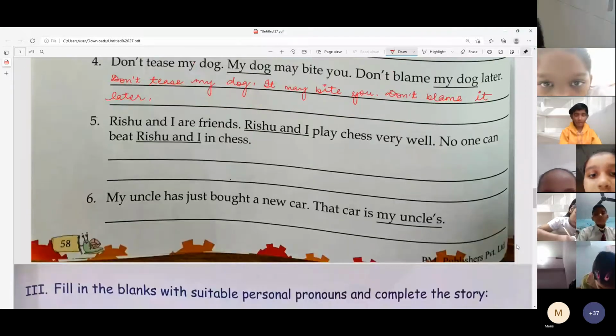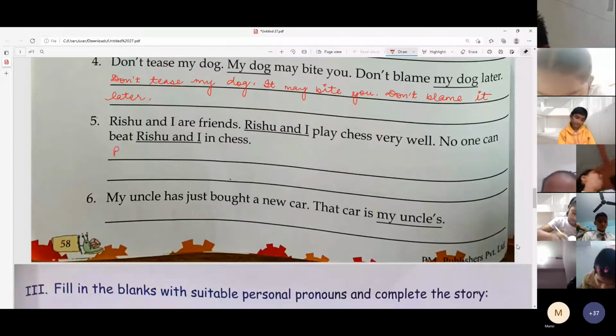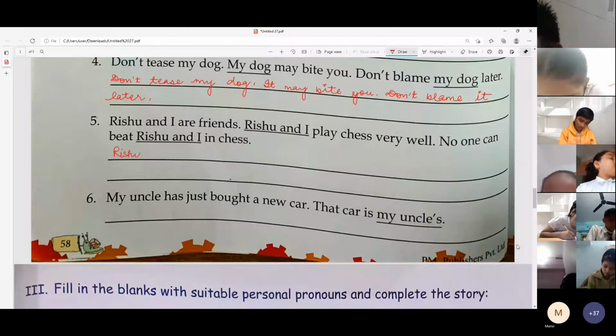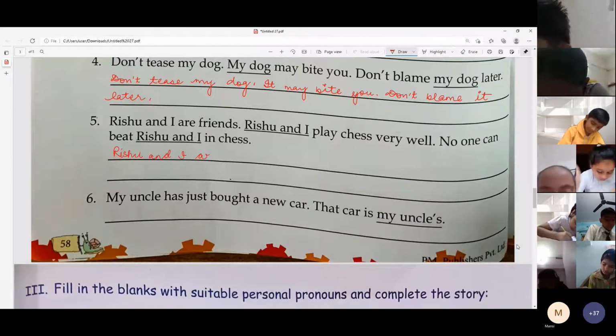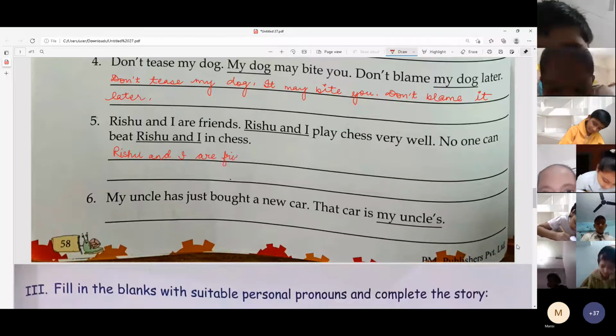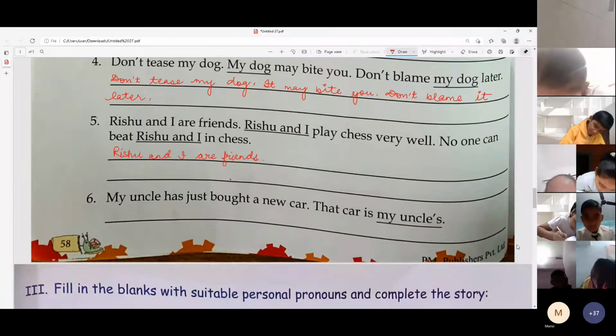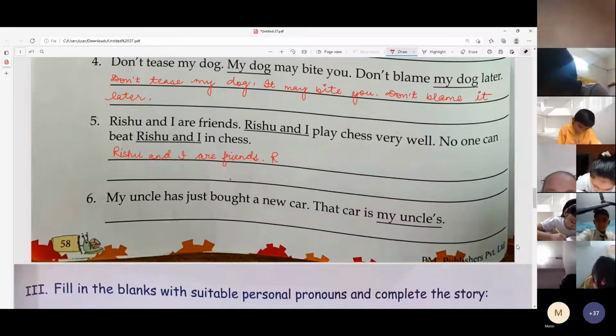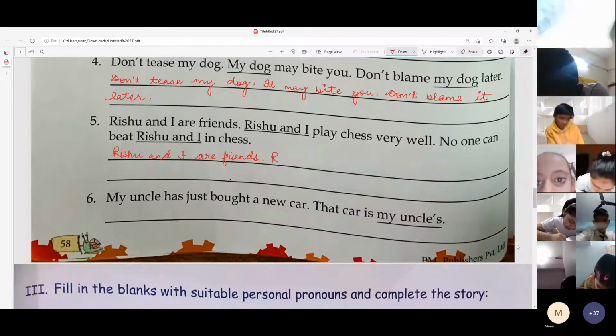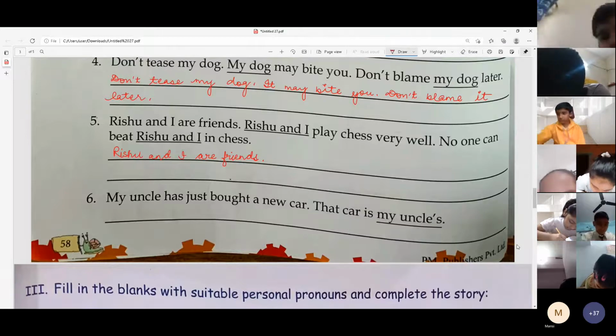Now next is, Rishu and I are friends. So you'll write, Rishu and I are friends. Rishu and I play chess very well. So instead of writing Rishu and I again, what are you going to write? We.